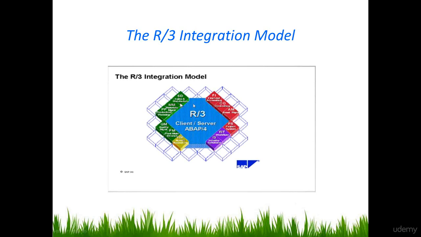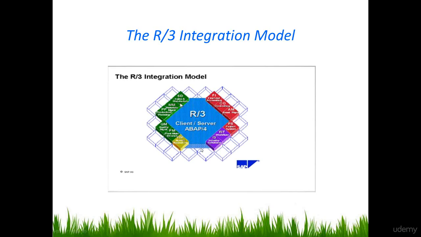Again, moving forward, I'm going to use the word ECC so that we get used to it, because R3 is the older version, but you should know the beginning of SAP, right? So SAP R3 or ECC consists of several modules starting from financial accounting, controlling, asset management, project systems, sales and distribution.